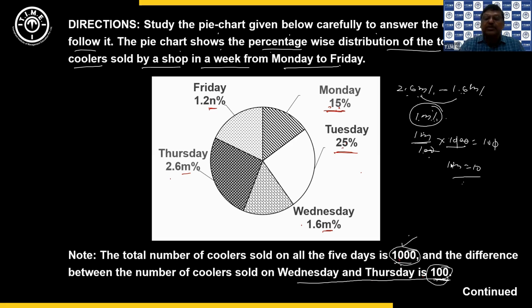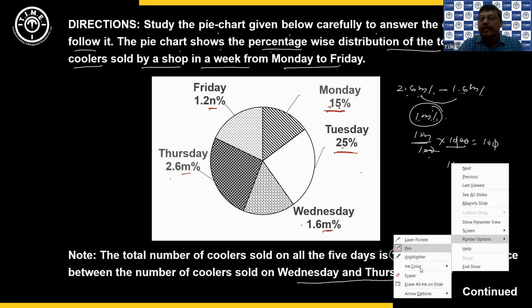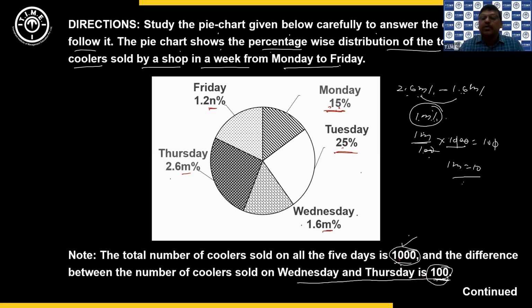Once M is 10, students, let me change the color. So 1.6 M means 1.6 into 10, that is 16%. Here, 2.6 into M is 26%. M is 10, no? 2.6 into 10, 26%. 1.6 into 10, 16%.